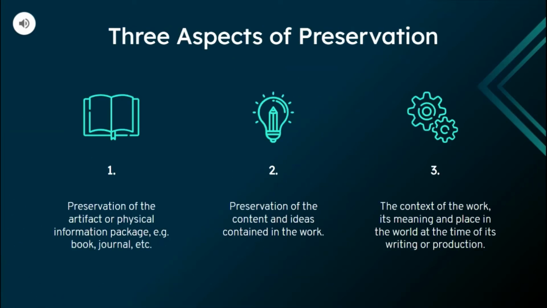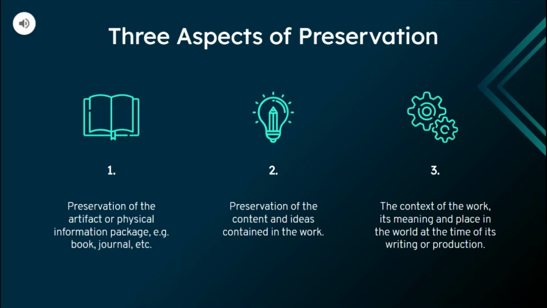An important step of the information life cycle that is relevant here is, of course, the preservation step. The first aspect of preservation concerns artifacts or physical information packages, such as books, journals, and manuscripts.